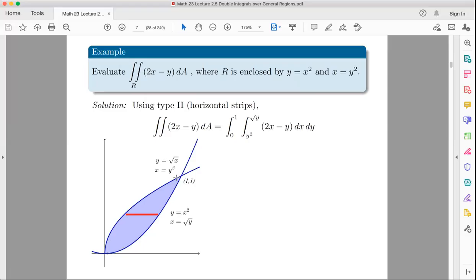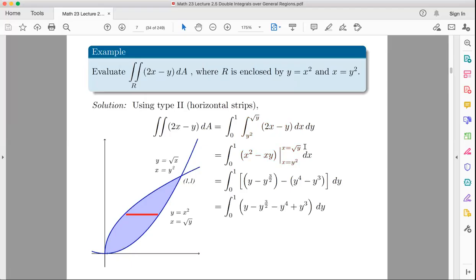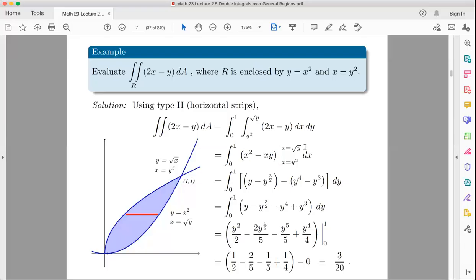To evaluate this, we first go to the inner integral. So with respect to x, we evaluate from y squared to the square root of y, and we get this expression here. Simplifying, and then integrating now with respect to y, evaluating from 0 to 1, we get 3 over 20.